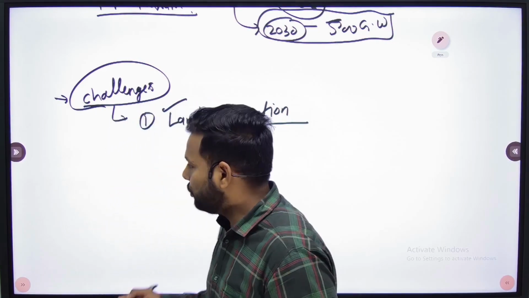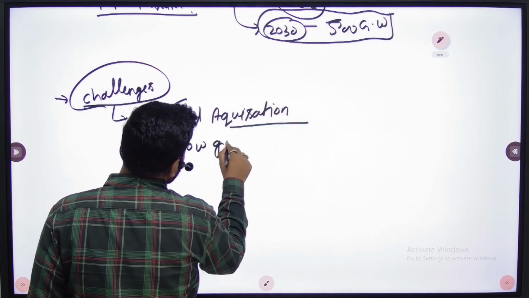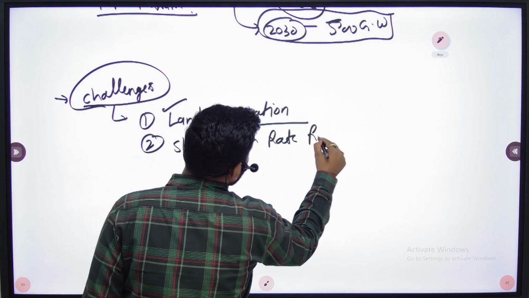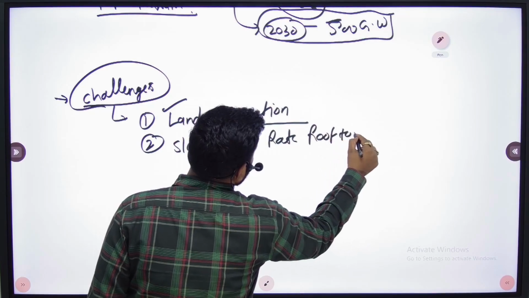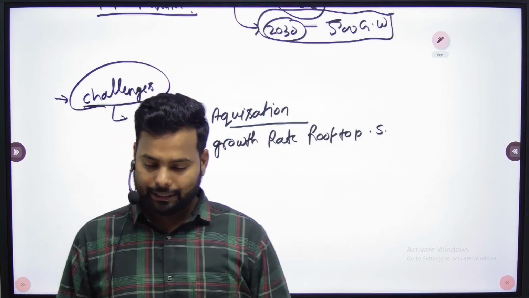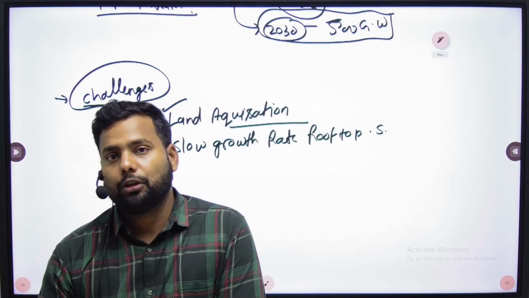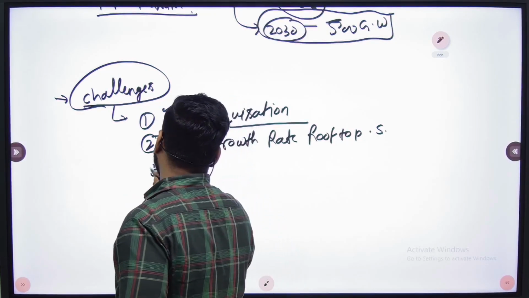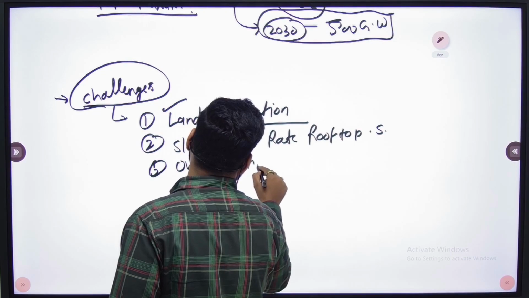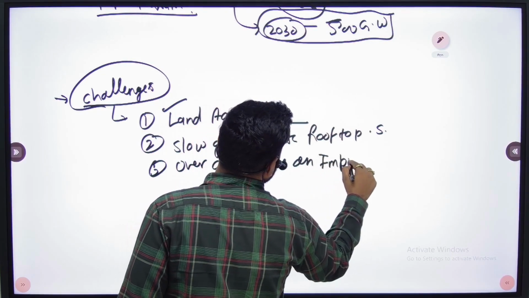Next क्या है, slow growth rate of rooftop solar installation. ये है, तो क्या है, एक slow rate है. Next क्या है, land acquisition issue बता चुका आपको. Dependency on imports, over dependency है. क्या है, over dependency on import. You should mention this.